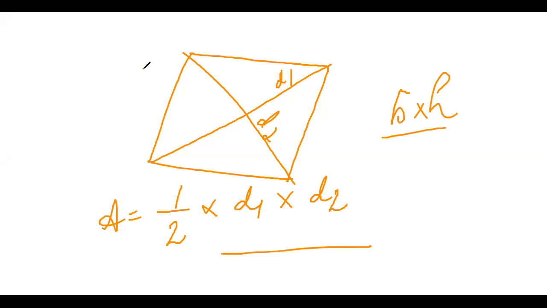And you all know area of square, side into side, and area of rectangle, length into breadth. So in this exercise we are going to use mainly the area of trapezium and rhombus. Let's start exercise 11.2 on the basis of these two formulas. Which two formulas have we done here new?